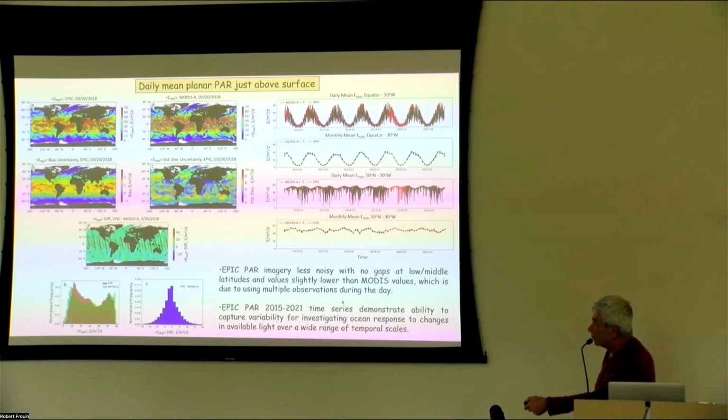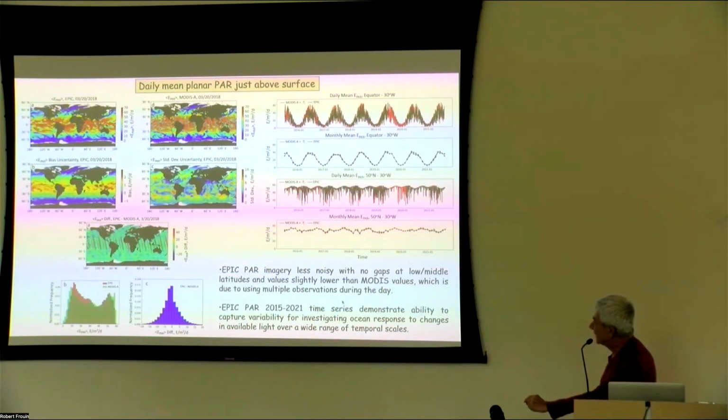And in fact, this is why on the bottom left plot, when you look at the frequency of the data, you see that the range of the MODIS values is slightly larger than the range of the EPIC values. When you look at the difference between the two products, you see that they are quite consistent.